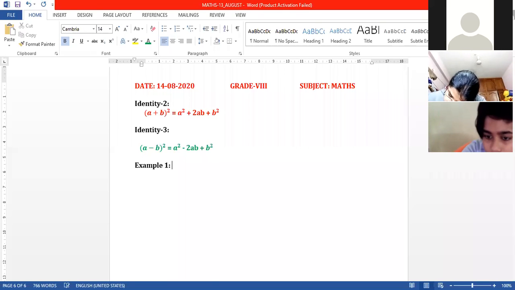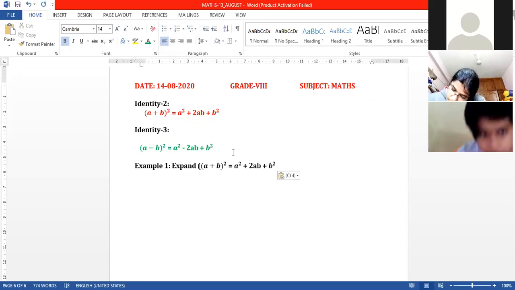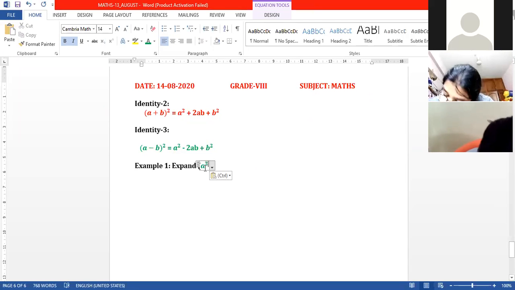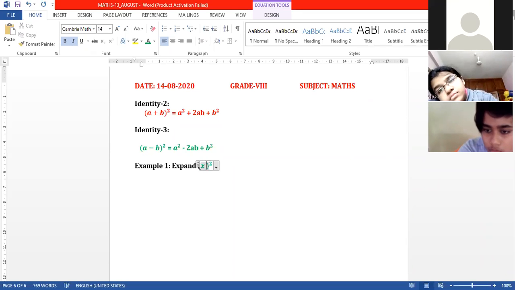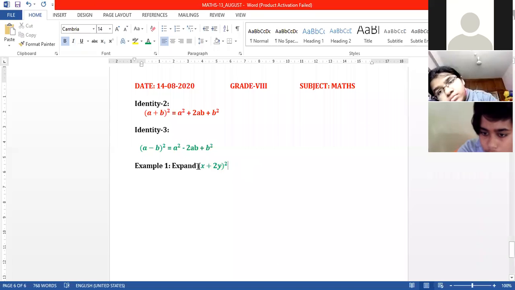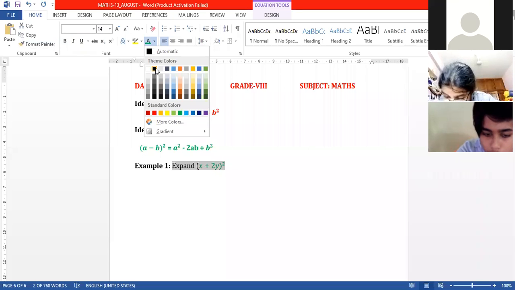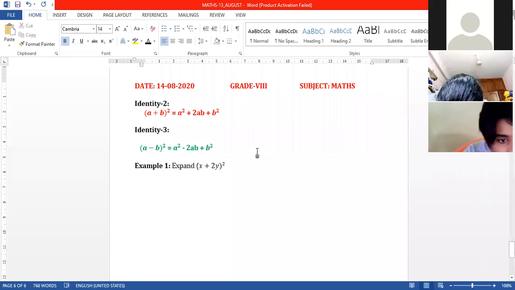Note down example first. Expand x plus 2y whole square.